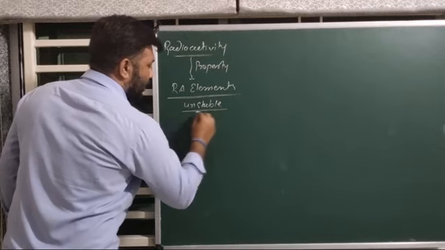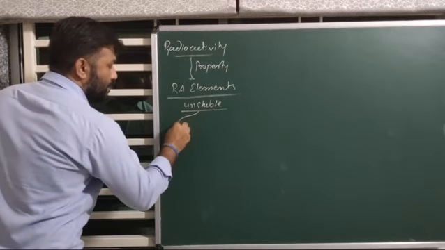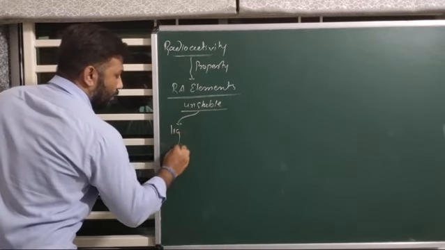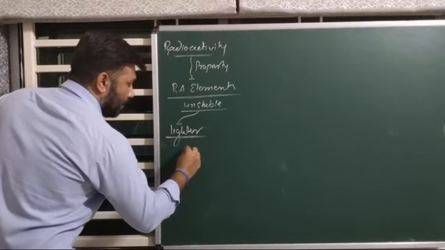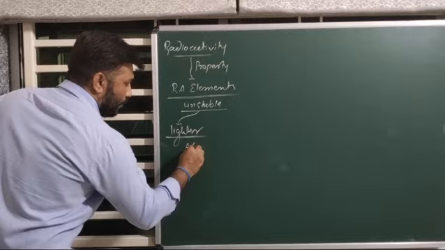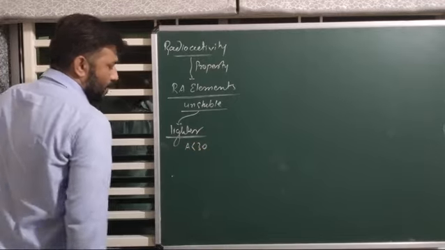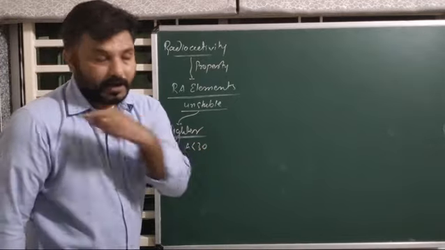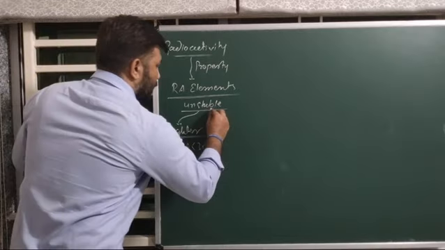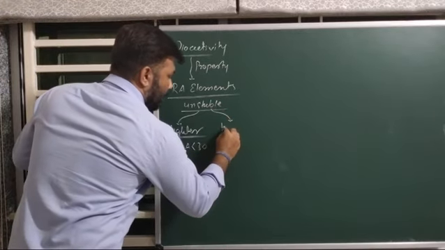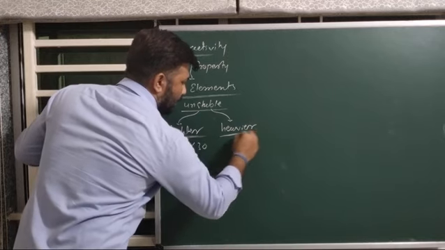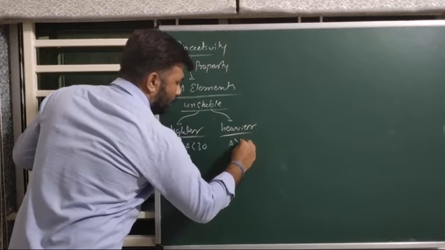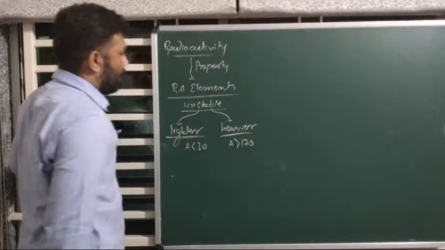Which are unstable? Unstable elements are of two types. That is lighter. Which elements are lighter? Those which have atomic number less than 30. Not atomic number, atomic mass. And heavy means atomic mass more than 170.